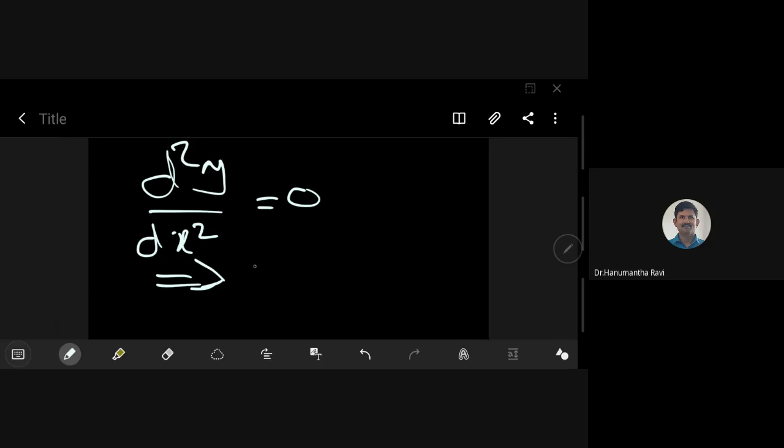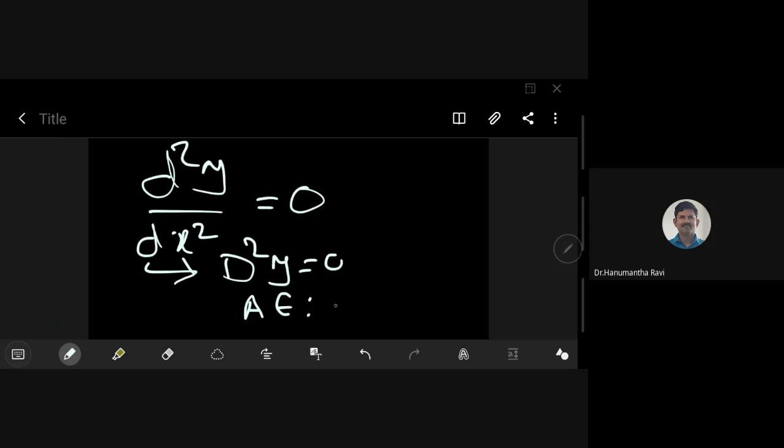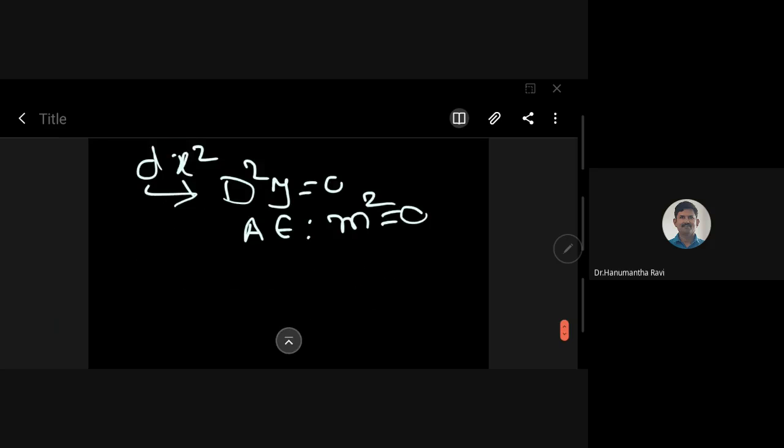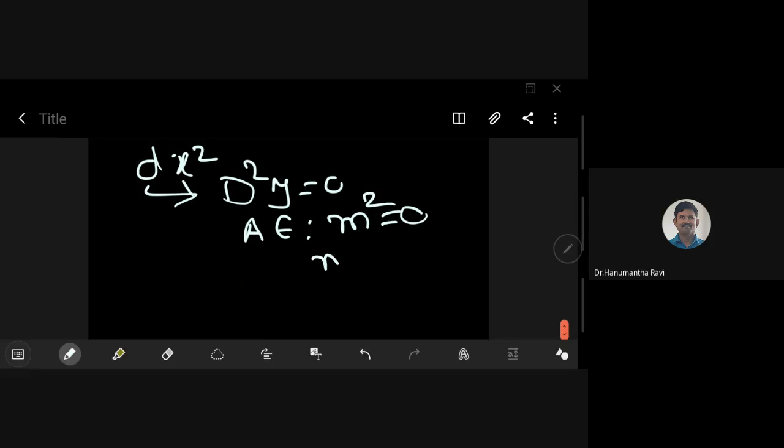What is the auxiliary equation? You can in fact write it like this also. Auxiliary equation, so this is D square y is 0. So m square is equal to 0, so m is 0, 0, a double root.